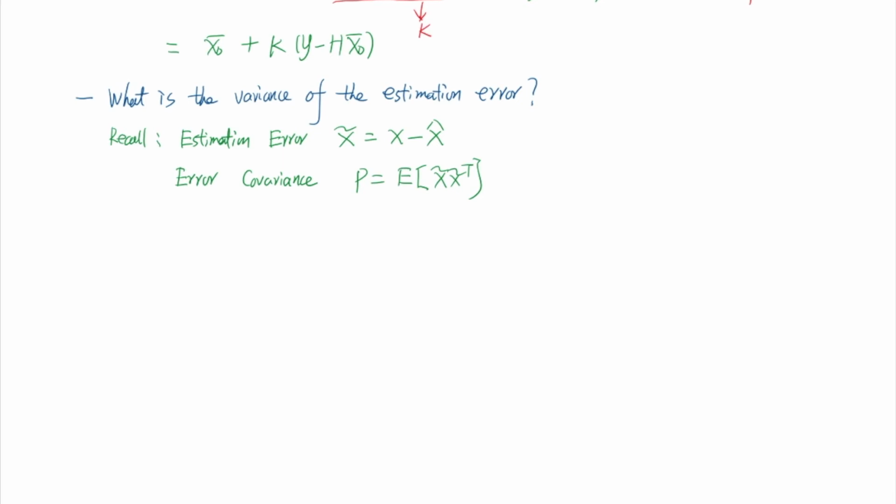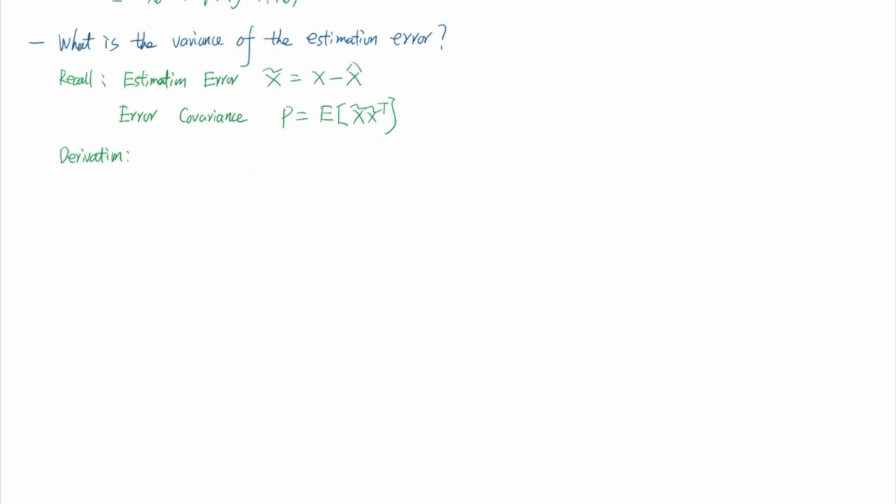For the next, let's derive the expression for x tilde. X tilde is just x minus x hat, and if we substitute in the expression for x hat, we get this expression. So here we want to define x naught tilde, which is equal to x minus x naught bar.